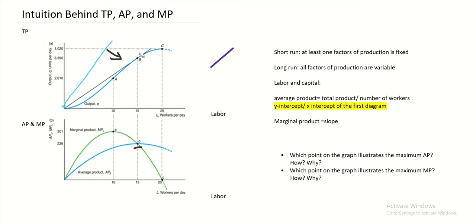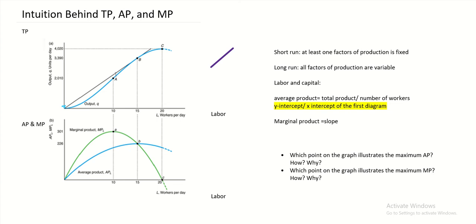It's actually easier to understand the concept of marginal product, because marginal product illustrates the incremental change in output if I increase the inputs by 1 unit. So that's essentially the slope of the total product curve. We just see where the slope of the total product curve will be the highest. We trace it on this line, increasing, increasing, and then the slope decreases.